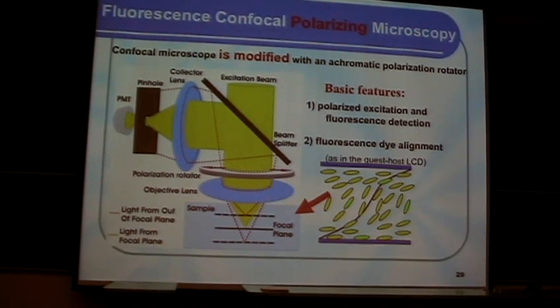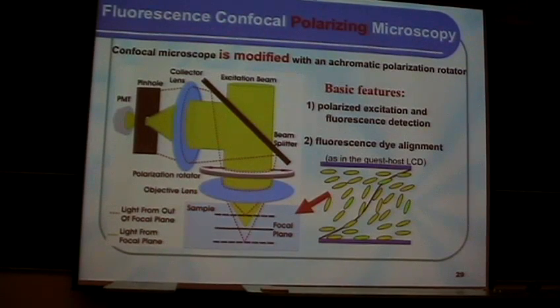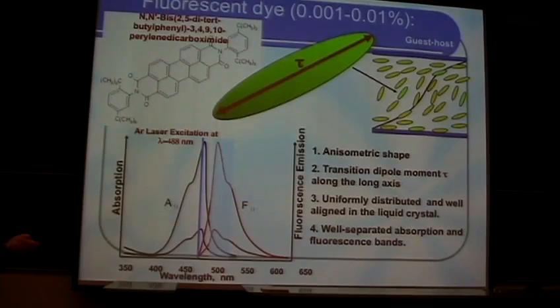This is achieved by using special dye molecules with the transition dipoles of absorption and fluorescence parallel to the long axis of the molecule, so that the fluorescence intensity patterns can be used to visualize molecular orientation distributions in liquid crystals.